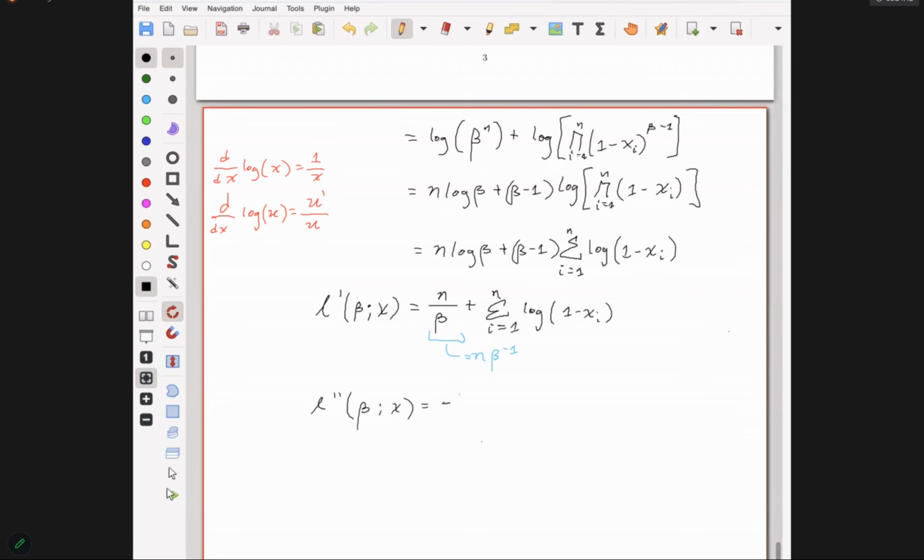So this turns into negative n over beta squared, because the power goes from -1 to -2.